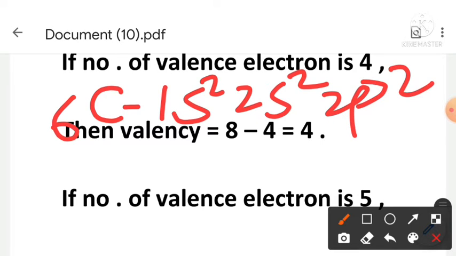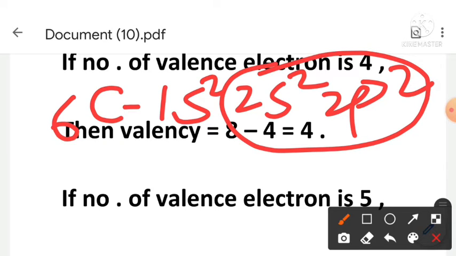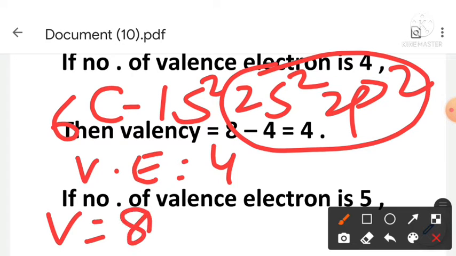In the carbon element, the outermost shell is 2s2, 2p2 and the number of valence electrons is 4. Now here we use the octet law by which we derive the valency. First we see that valency is equal to 8 minus 4 is equal to 4. Then here valency is also 4.